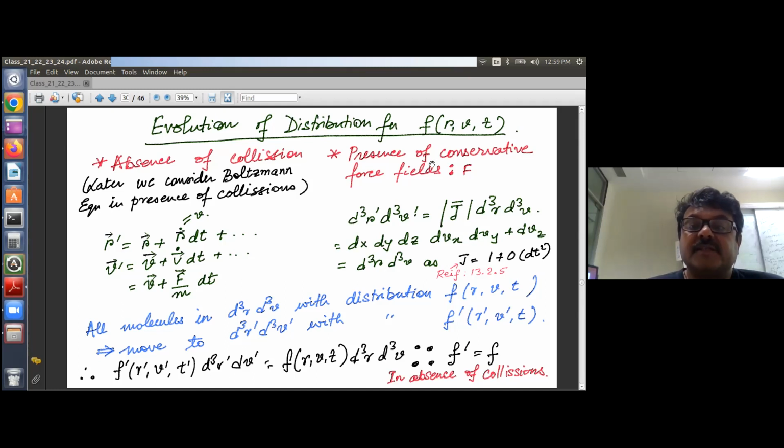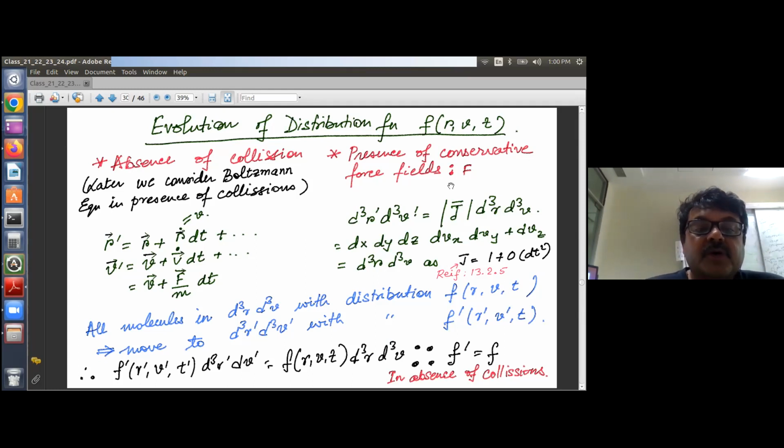And let's assume that there is some conservative force field, let's say an external electric field, but let's call it F. This F can be e times the electric field E, e being the charge, or Q times E, you could also consider. So, the presence of a conservative force field.